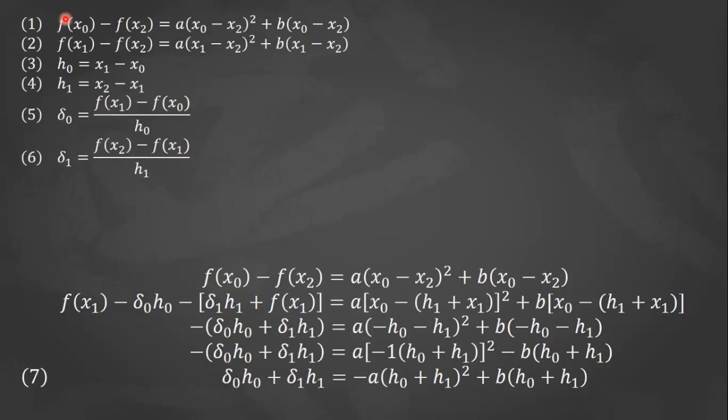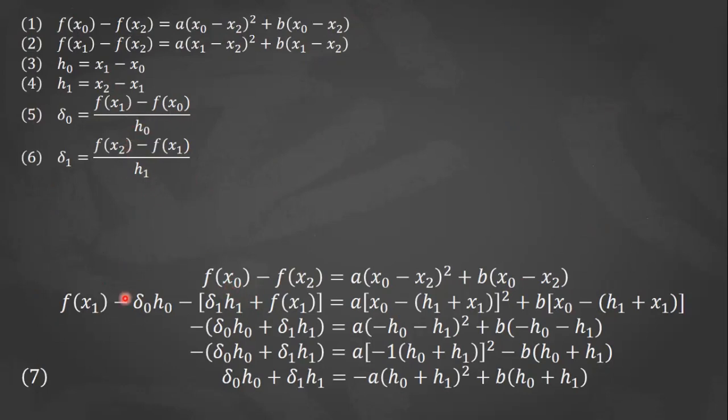First, we have these two equations. Then let's first manipulate equation 1, using equations 3 to 6. So, minus equation 1, f at x sub 0, from equation 5.